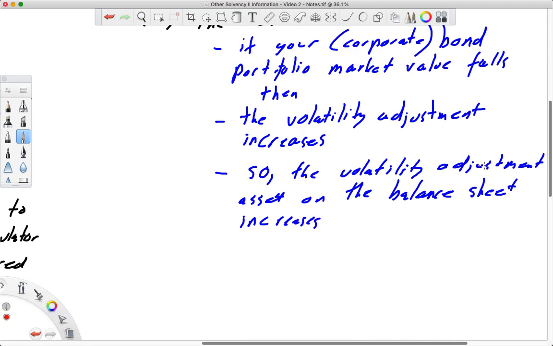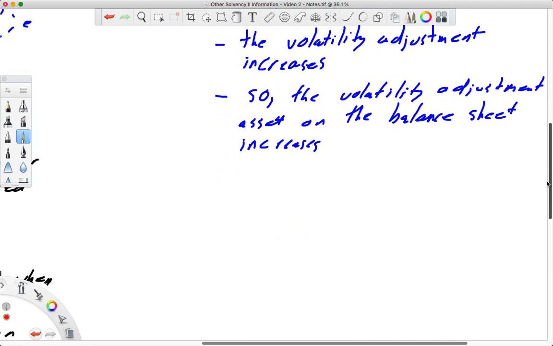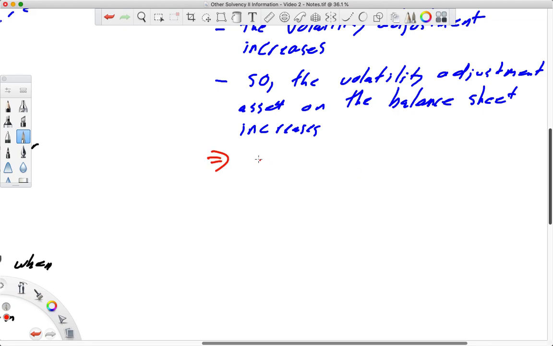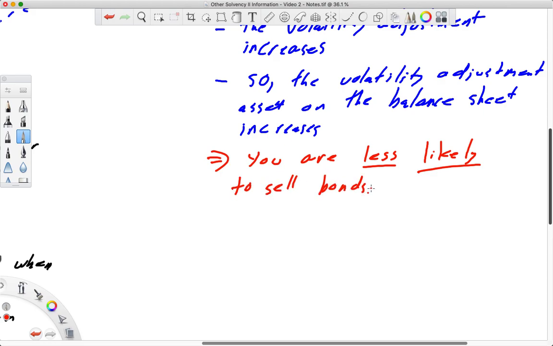And that implies you are less likely to sell bonds.